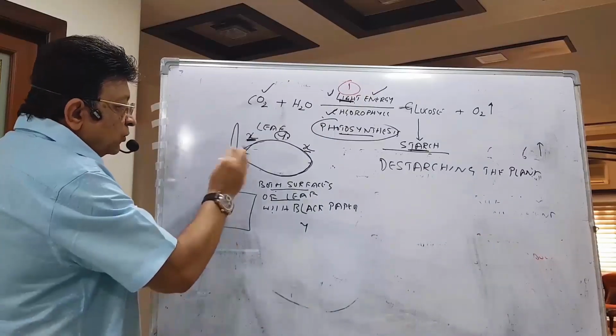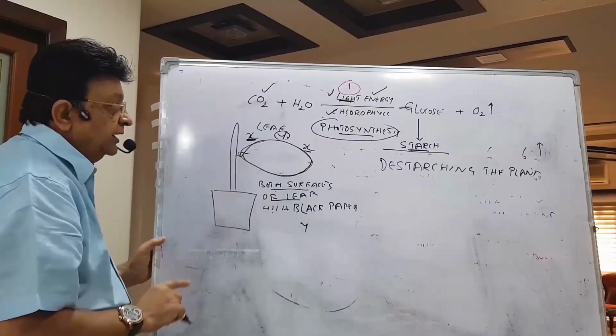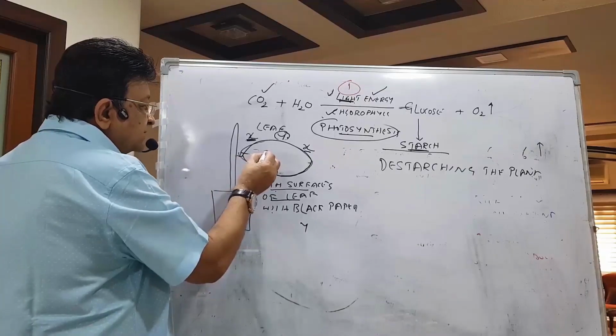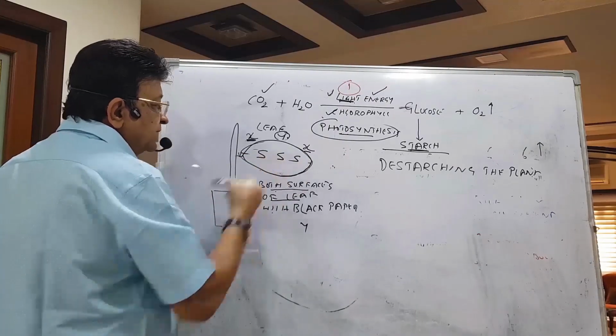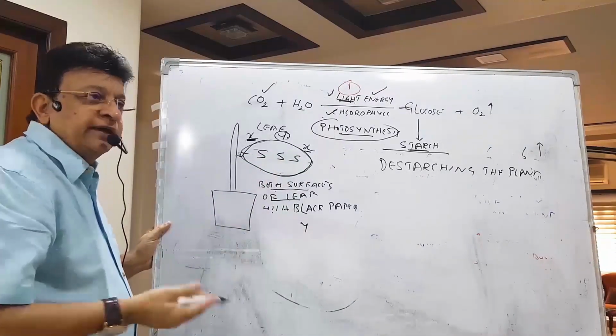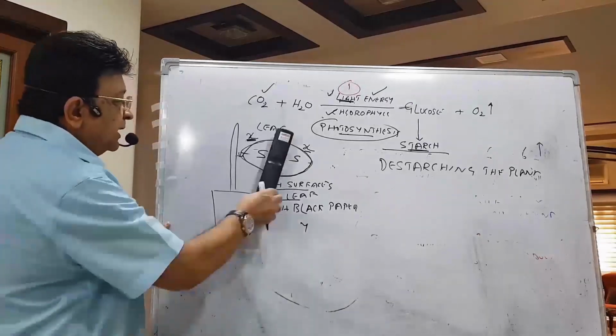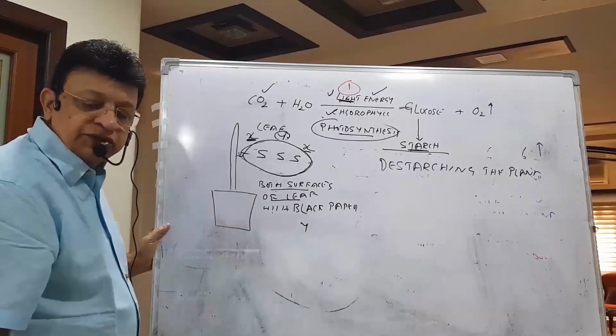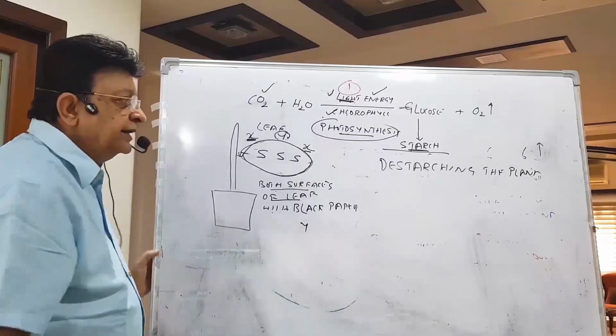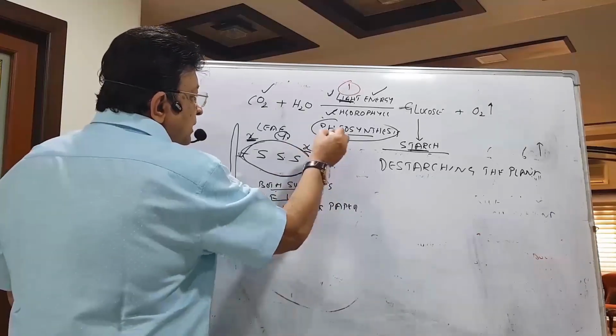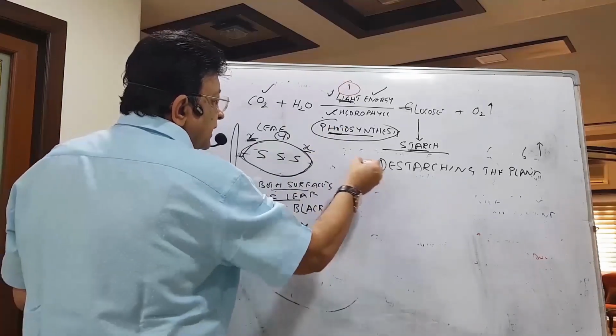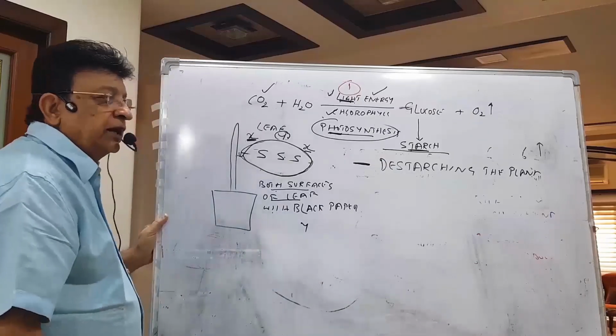So, what happened in the beginning when we did it the first time? We did not realize that the starch is already present in all parts of the leaf. So even if I cover a certain part with black paper, it will still turn blue on addition of iodine. So now, prior to conducting an experiment, I have to de-starch the plant.